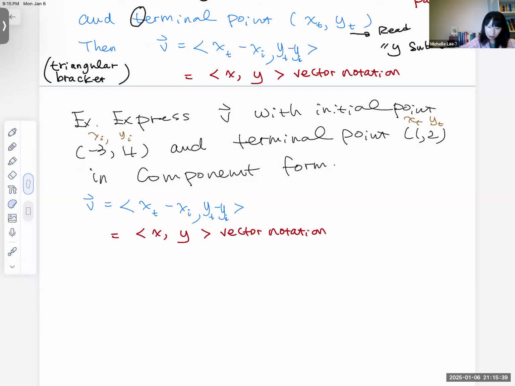So I denote here, this is x sub t, y sub t. So there will be x sub t, which is 1, minus x sub i, which is -3, and y sub t, which is 2, minus y sub i, which is 4.